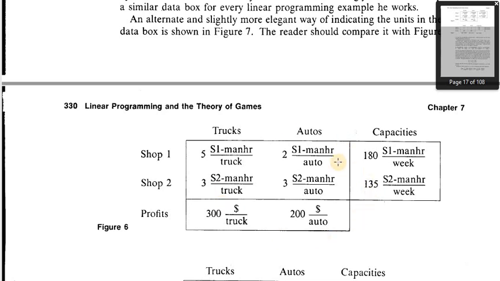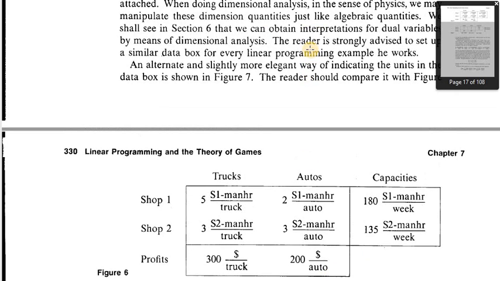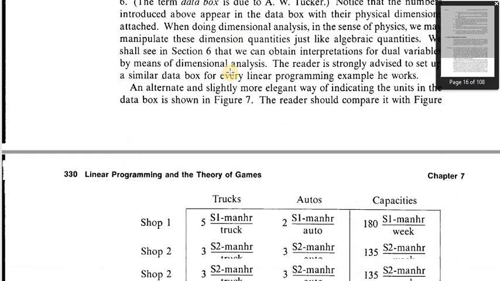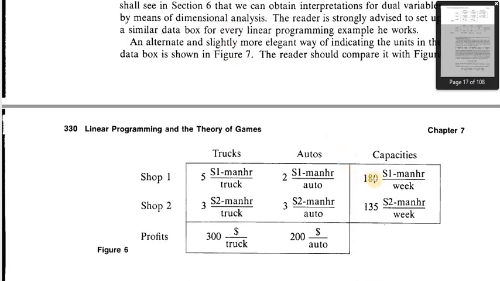It's also called a tableau. Now you also have constraints. There are 2 constraints I mentioned: the 180 man hours per week of Shop 1, 135 man hours per week of Shop 2. So those constraints are here, 180 and 135. Right? So now what we want to do is fill in the stuff in the middle.